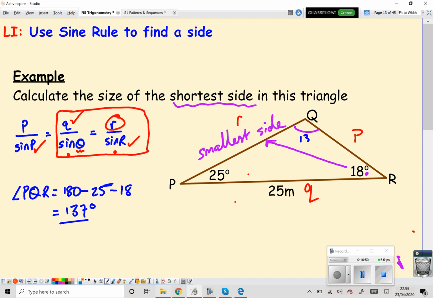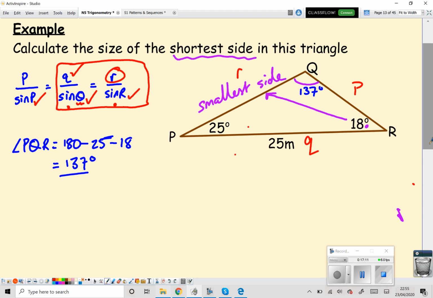Okay, so now I know this angle. That means I can tick sine q off, and I've now got a complete pair of ratios where I know three of the four pieces of information. Brilliant. So let's use q over sine q equal to r over sine r.